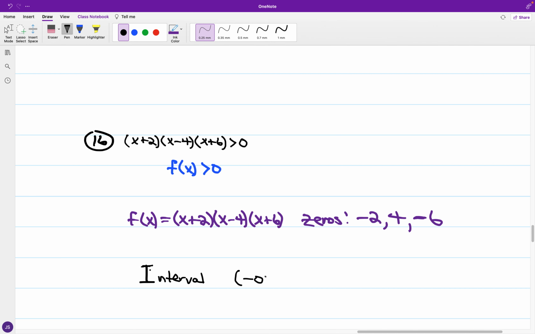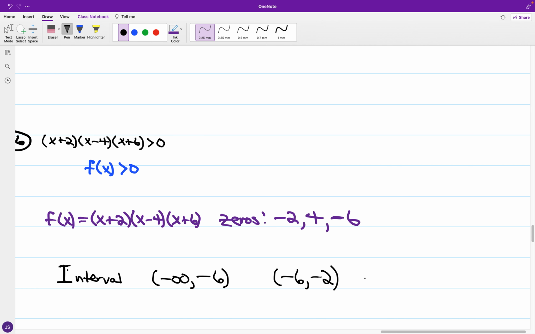The first interval will be for those values of x less than -6, followed by those values of x greater than -6 and less than -2, then those values of x greater than -2 and less than 4. Finally, we have those values of x greater than 4.